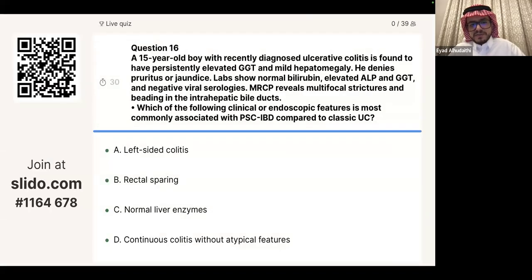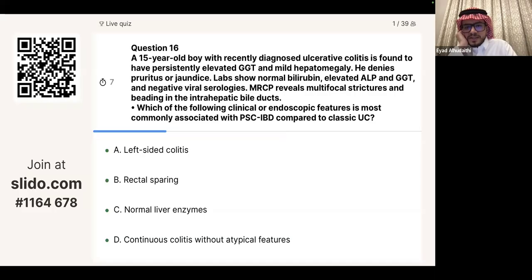So the next question: a 15-year-old boy with recently diagnosed ulcerative colitis is found to have persistently elevated GGT and mild hepatomegaly. He denies pruritus or jaundice. Labs show normal bilirubin, elevated alkaline phosphatase and GGT, and negative viral serology. MRCP reveals multifocal strictures and beading.